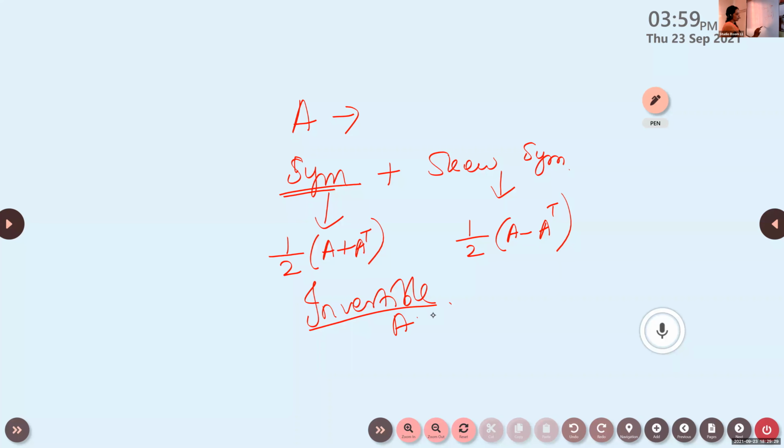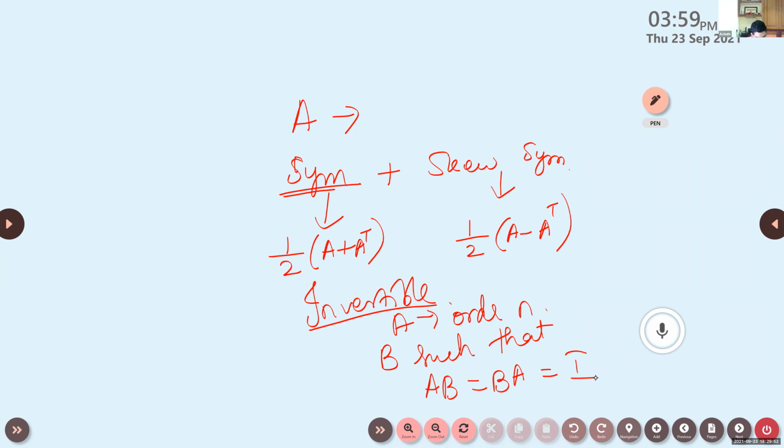A matrix of order n is said to be invertible, first of all it is a square matrix, if there is another matrix B such that AB is equal to BA is equal to I, the identity matrix.